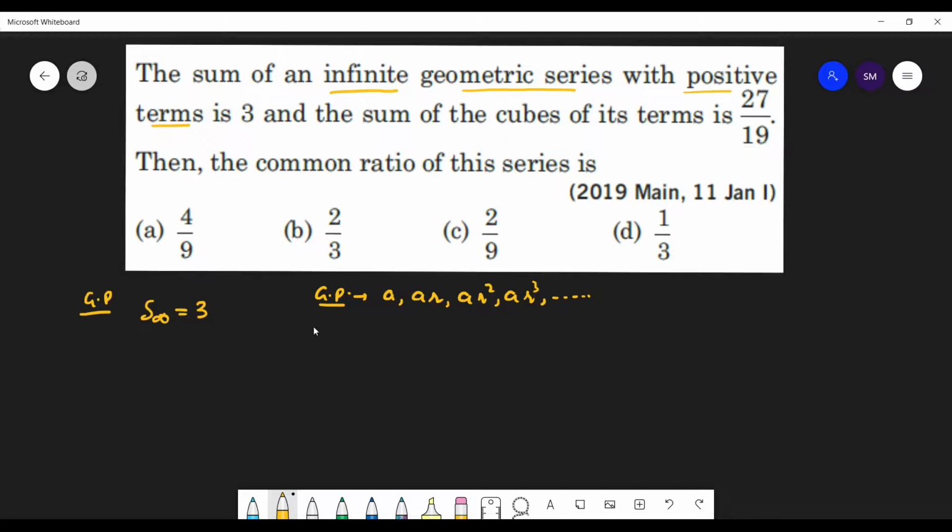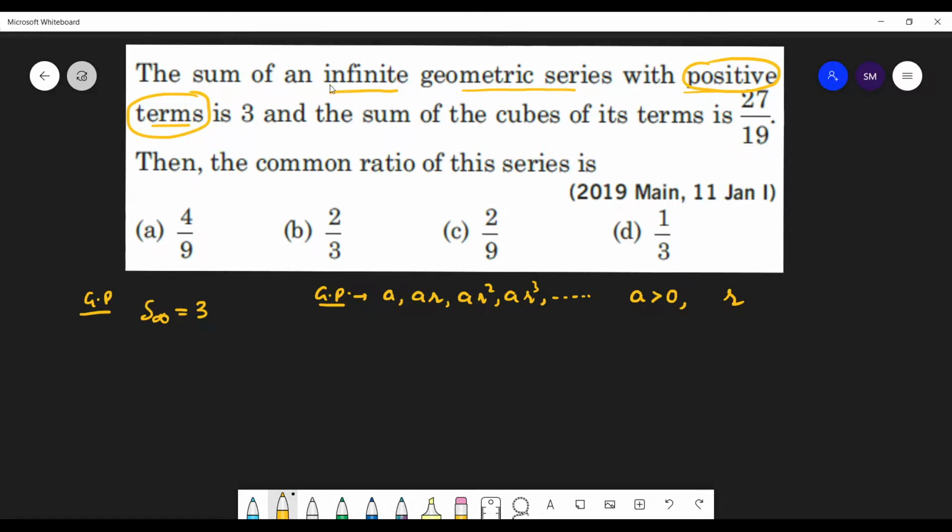Yes. So you have to write the condition here, students. It is given to you positive terms. Terms are positive. So it means A will be greater than 0.